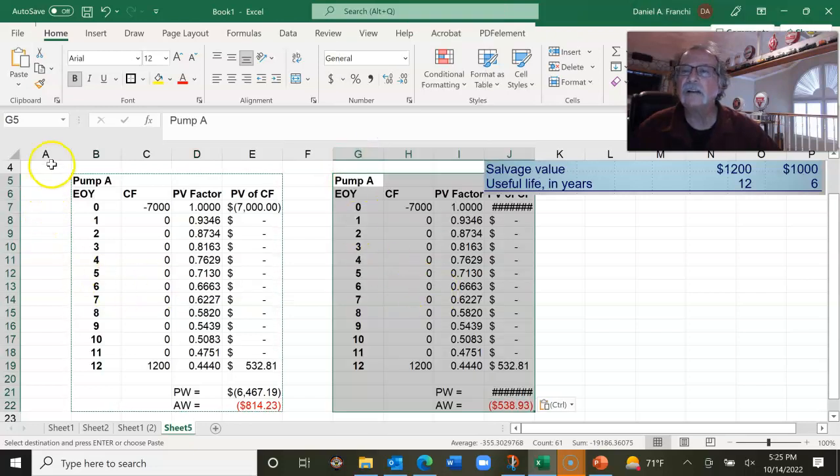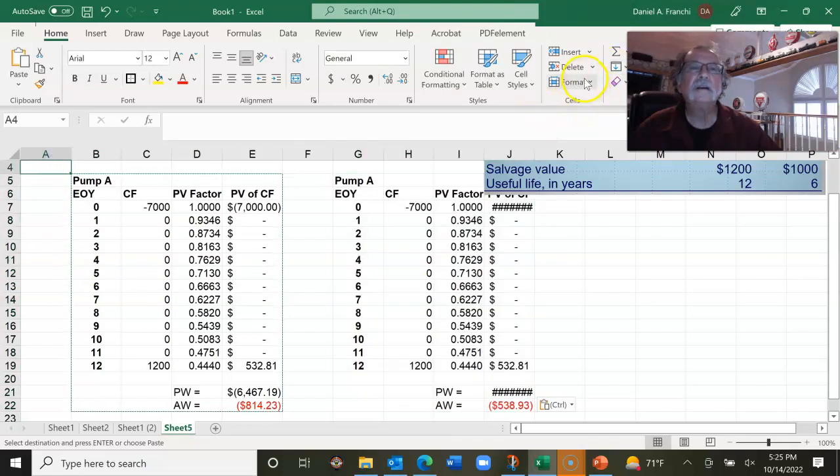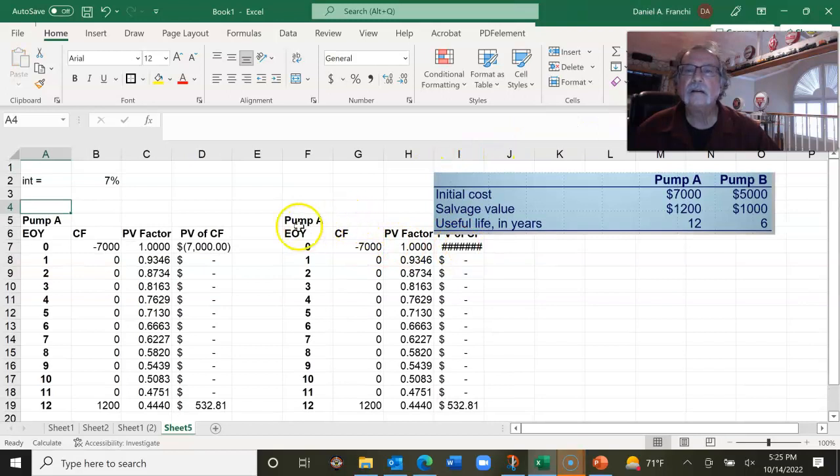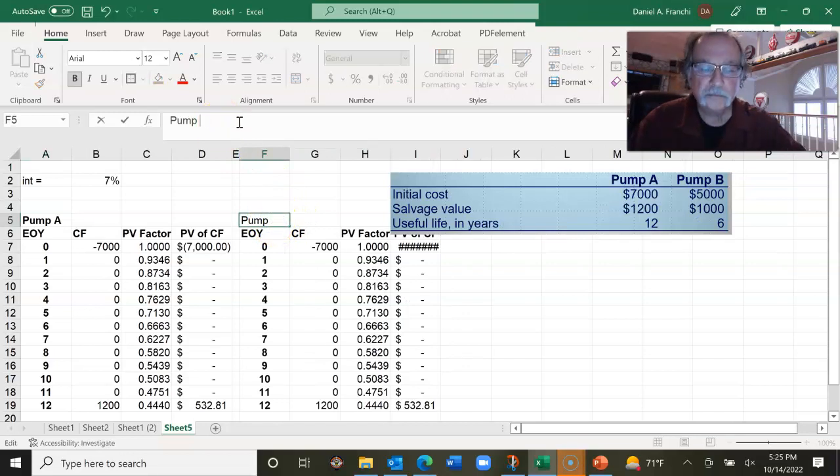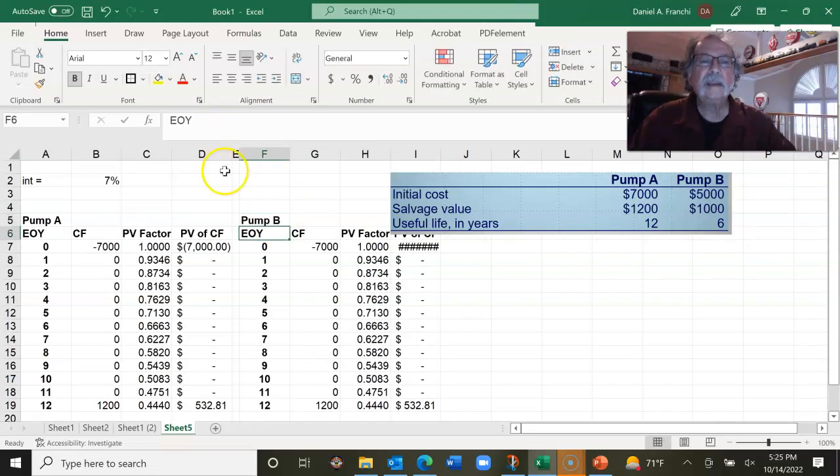It's going to get messy till I clean it up. So pump B, it's going to cost us $5,000.